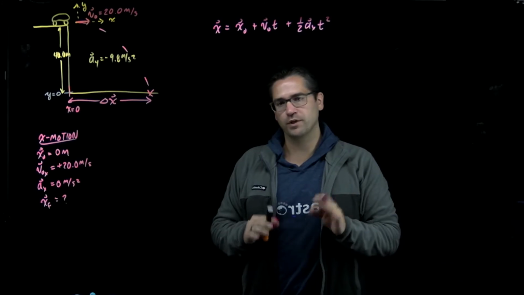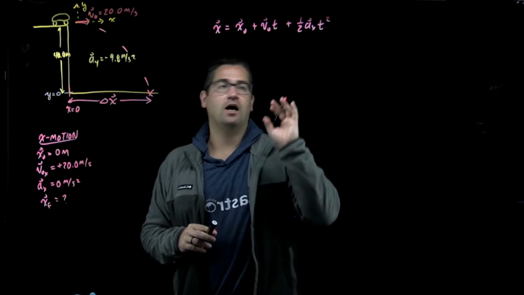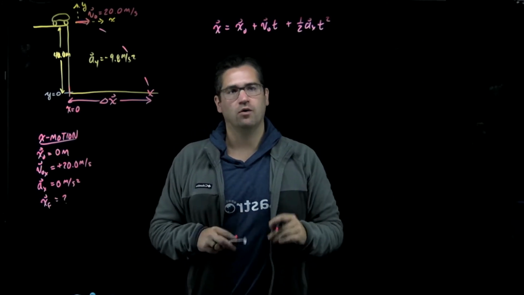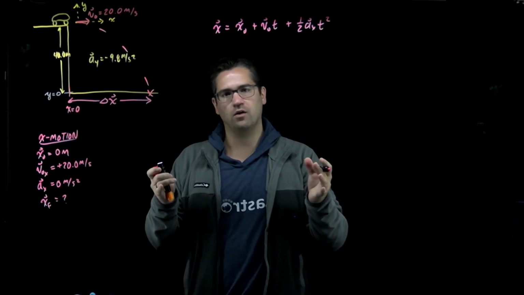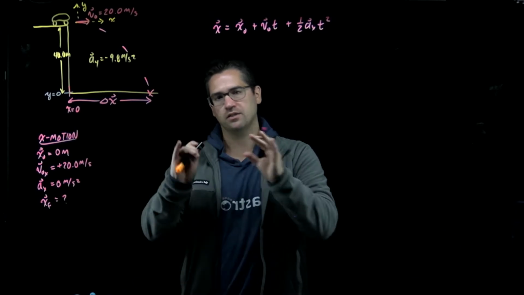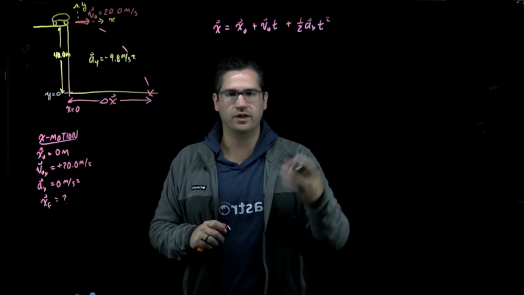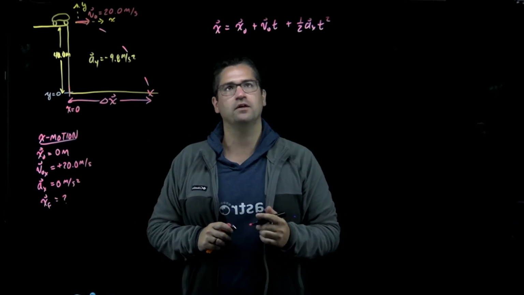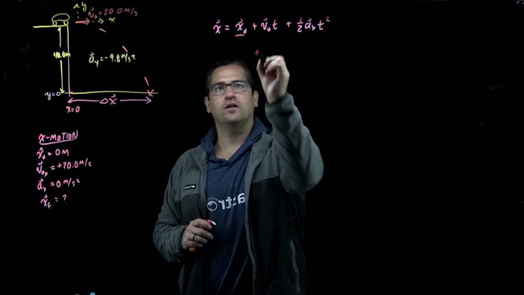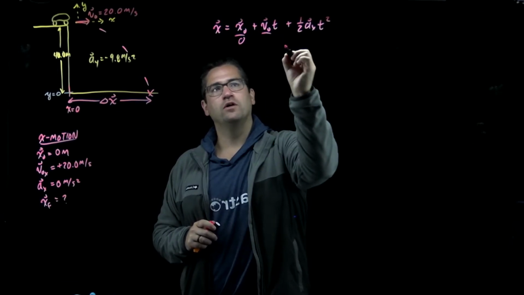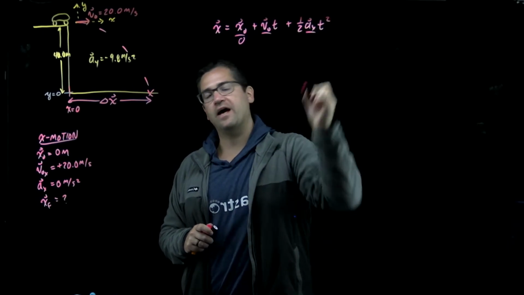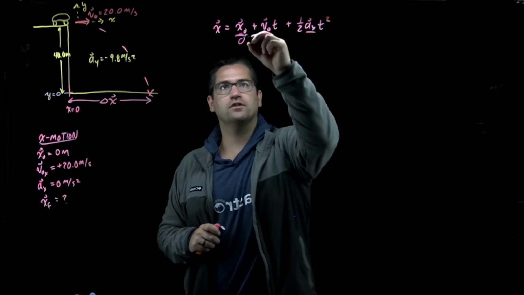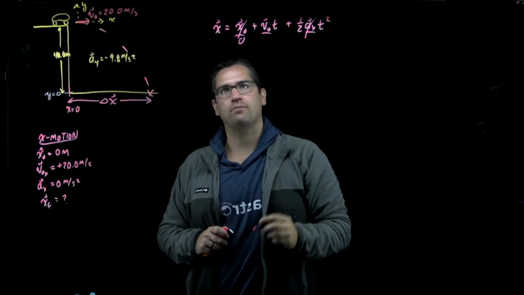So we're looking for position information, and so I'm going to go ahead and write down one of our kinematic equations, and let's just follow what we know, what we've got, and let's see if we can solve this problem without doing anything more than what we've already done. So we know this quantity, this is 0. We know v initial, this is the plus 20 meters per second. We know ax is 0, and so this term's going to drop out, this term's going to drop out.